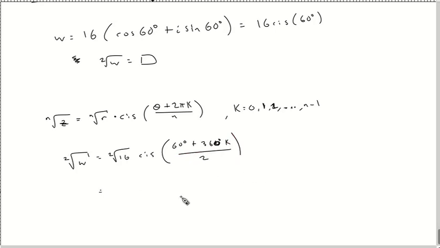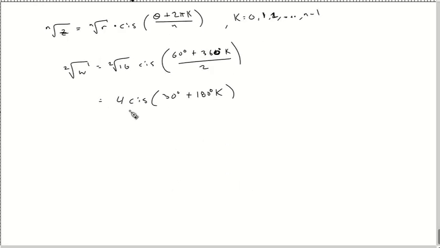Again, that k is going to be either a 0 or a 1. The square root of 16 is a 4. I'm going to distribute my denominator, so then I've got 30 degrees and I've got 180 k. And again, k is equal to 0, 1, 2, etc.